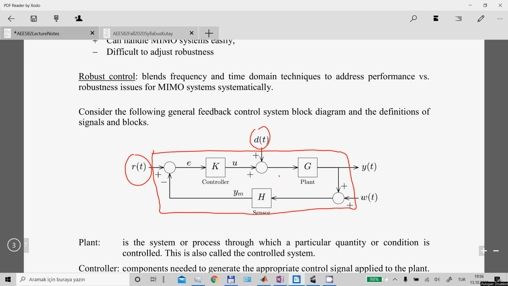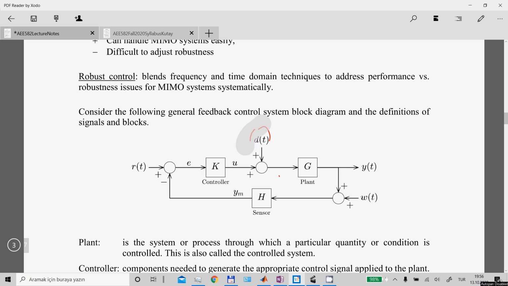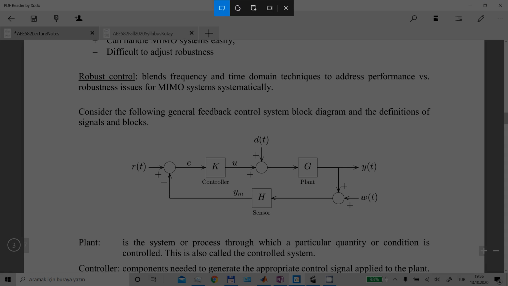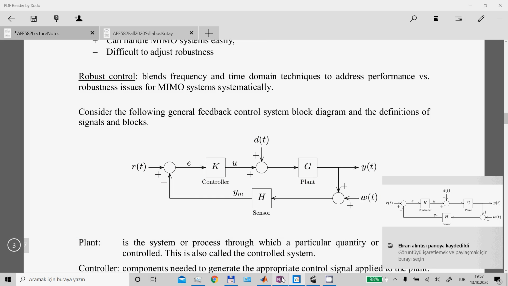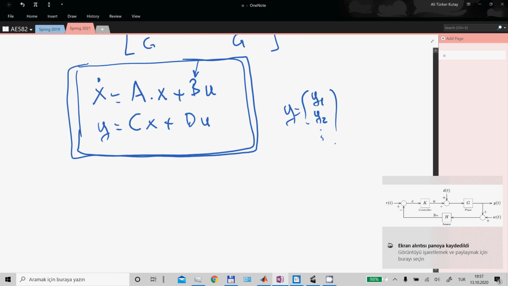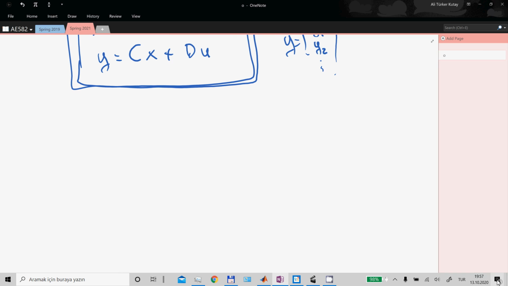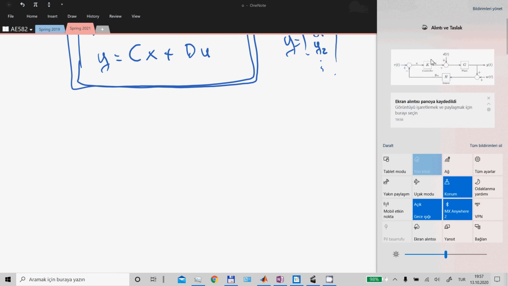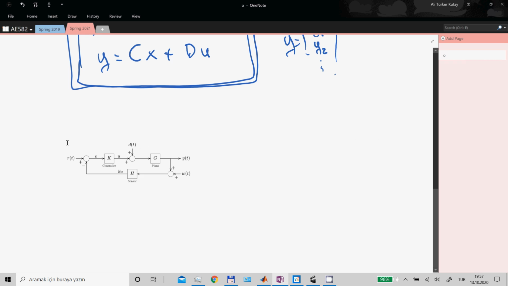So let me just clean up this block diagram, and then let me just copy it and move it over to OneNote. Okay, so it's not on the clipboard, so I guess I need to copy it explicitly.